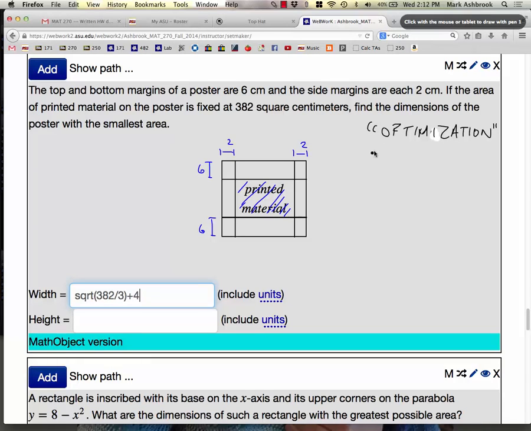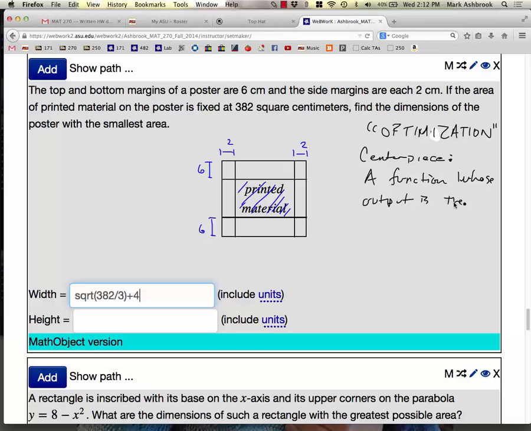With optimization problems, the centerpiece of these problems is a function whose output is the quantity to maximize or minimize. Write it down, star it.